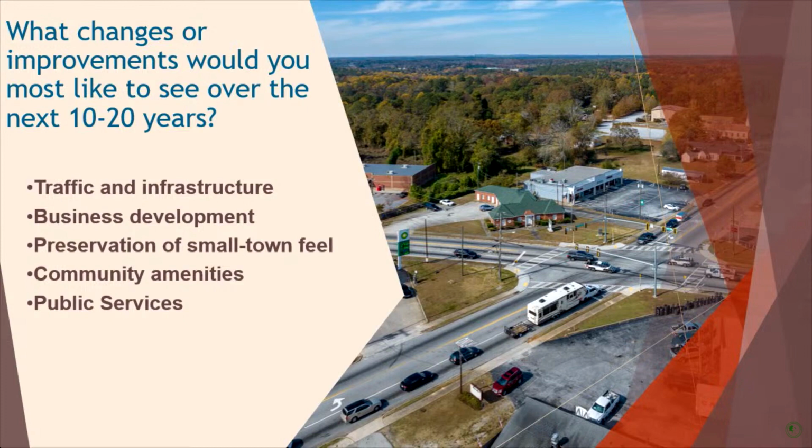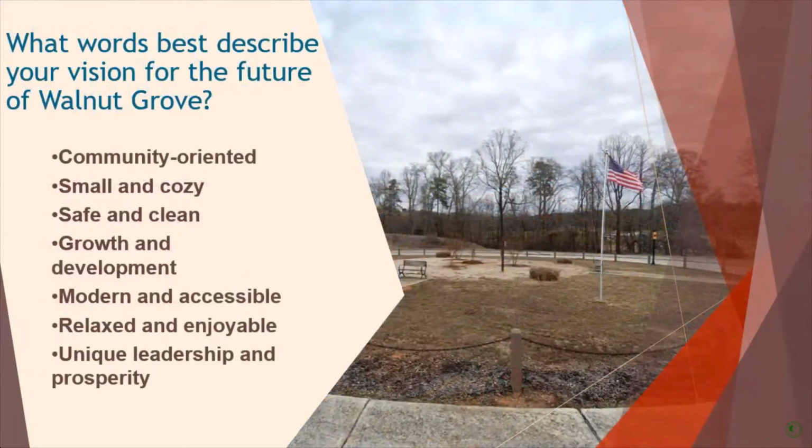There were growth and development concerns, and community amenities wanted to be preserved, for example, the park, the library, and things like that. And then they also wanted to preserve the rural and peaceful environment, which is not a surprise, and the quality of life here in Walnut Grove.